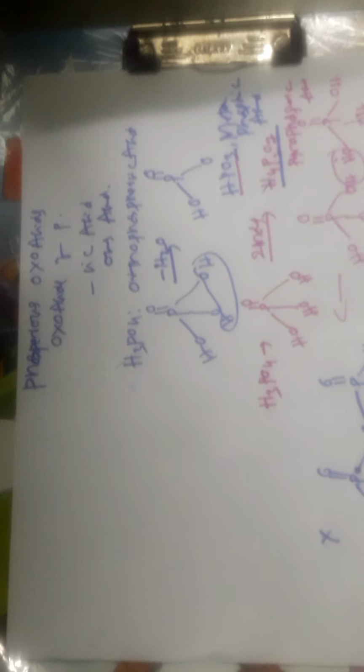So what is the formula of pyrophosphoric acid? H4P2O7. Here there is an important challenging bit: how many POP bonds are present in pyrophosphoric acid?